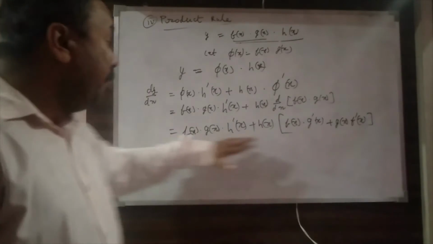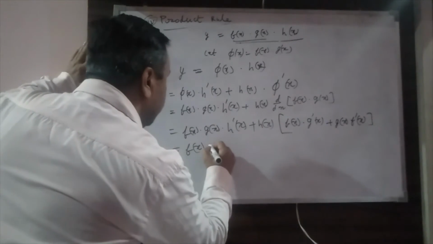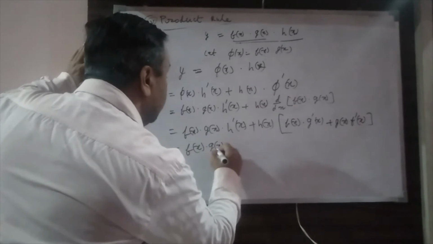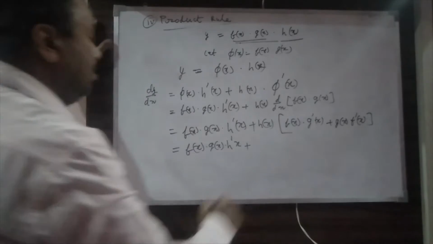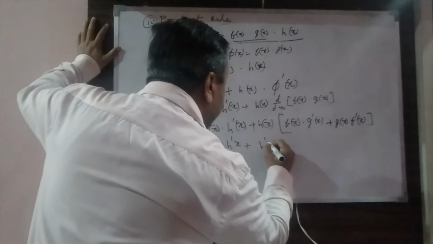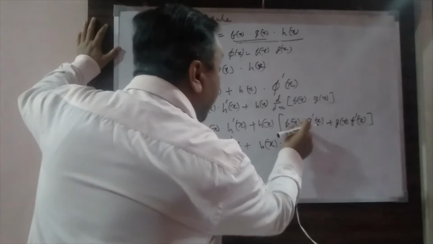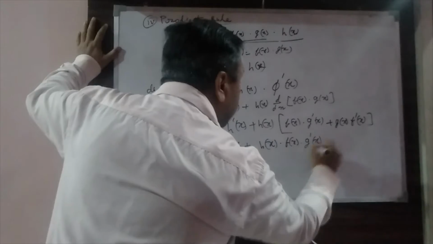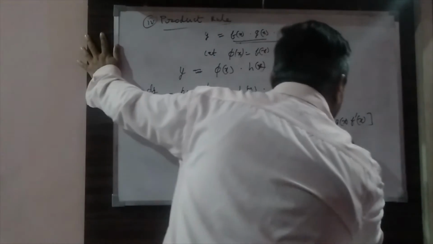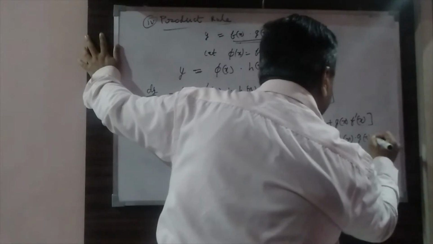Now open up the brackets. So it becomes f(x) into g(x) multiplied by h'(x), plus h(x) multiplied by f(x) into g'(x), plus h(x) multiplied by g(x) multiplied by f'(x). Now what do we see?